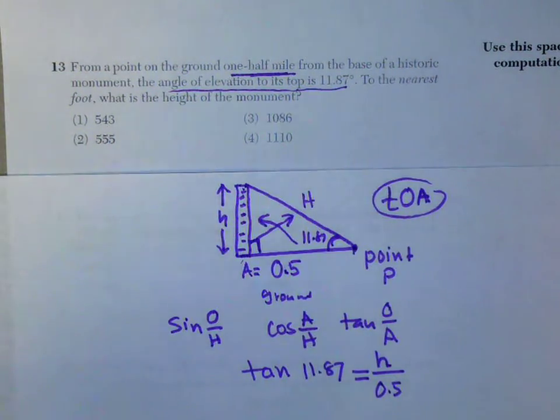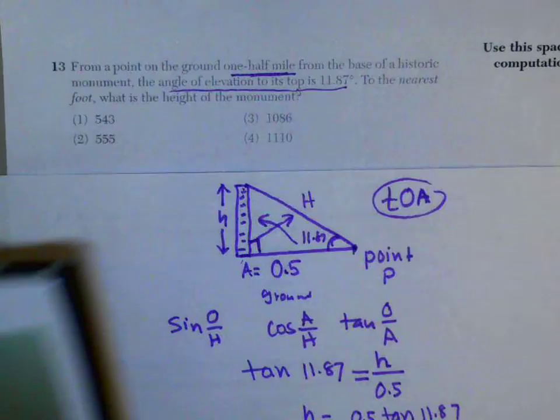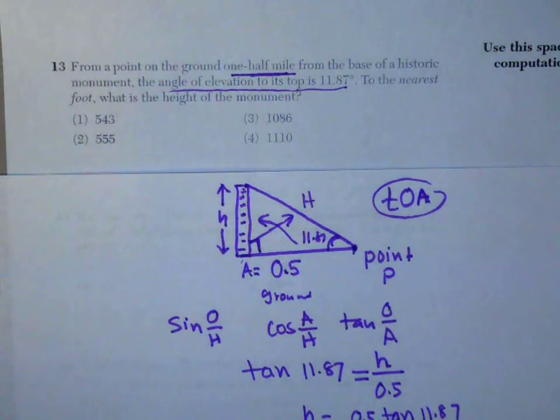Alright, so we have to make sure the calculator is in degree mode. So H would become, if we multiply both sides by 0.5, 0.5 multiplied by tangent of 11.87. So H is 0.5 times tangent of 11.87. Let's use the calculator.